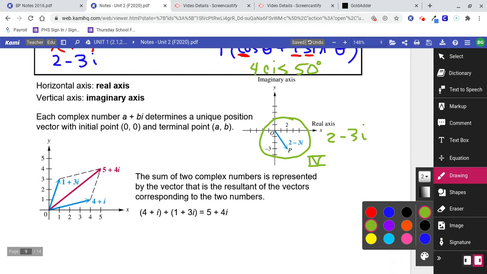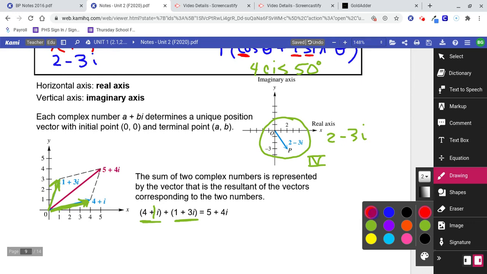The next example, they show you how to add. Here's a vector, 4 plus i. And 1 plus 3i. So go over 1 and up 3, or over 4 and up 1. Notice that when it says i, that's 1i. So your y number is 1.